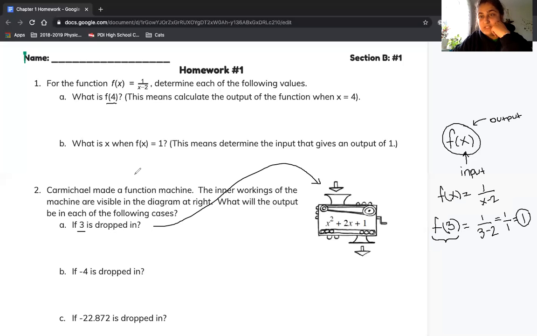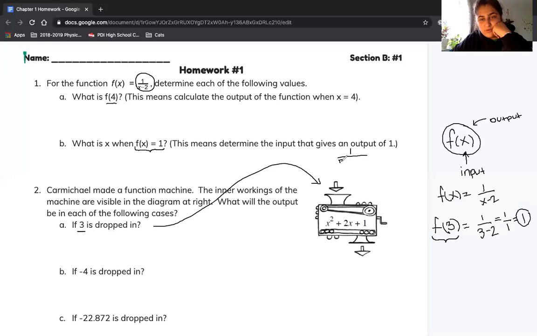Okay. What's a little bit different is 1B. 1B is saying, well, what do we have to plug in to make this whole thing equal 1? Okay, so what do we need to plug in to make that 1? And so you can just try numbers, right? So I'm just going to try, let's say 5.